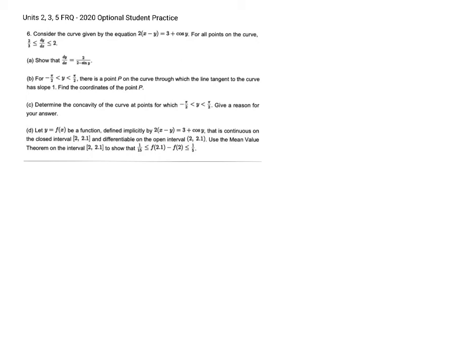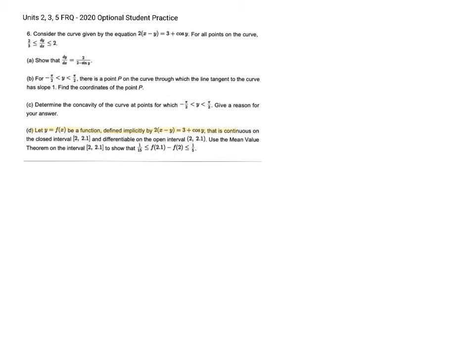That is continuous on the closed interval 2, 2.1, and differentiable on the open interval 2, 2.1. Use the mean value theorem on the interval 2, 2.1 to show that 1/15 is less than or equal to f of 2.1 minus f of 2 is less than or equal to 1/5.